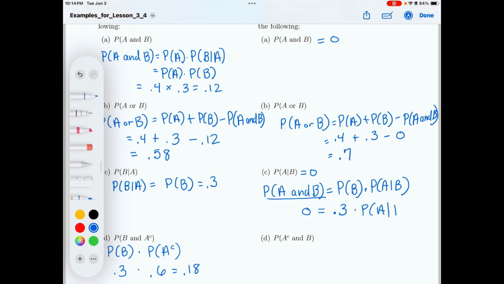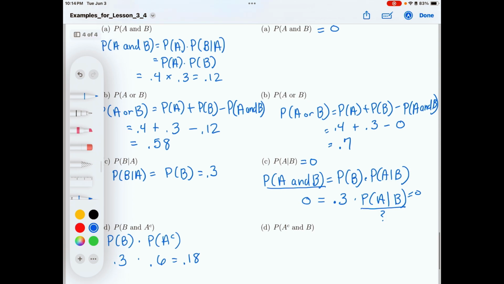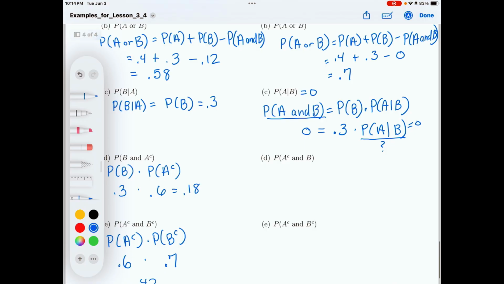We know the probability of B is 0.3, and we're looking for the probability of A given B. So 0.3 times what value would give me 0? So this would have to be 0. So based on thinking about it logically and based on looking at it using the formula, in either case, we're going to get a 0.